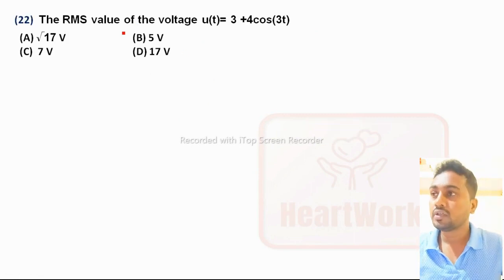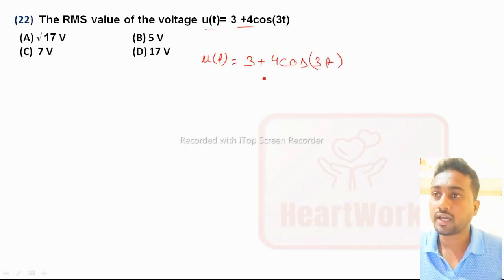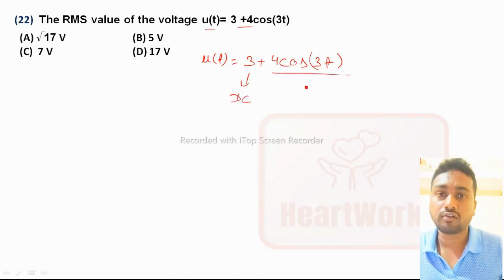The RMS value of the voltage y of t equal to 3 plus 4 cos 3t. We have to find the RMS value. This 3 is called the DC value, and this is a sinusoidal value.